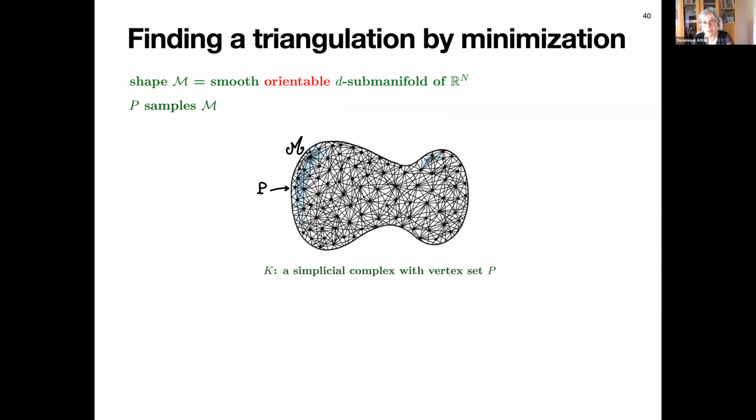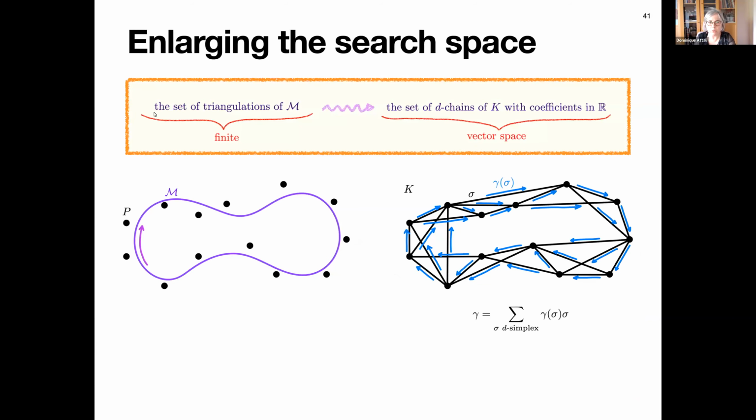We're going to assume, furthermore, that we have a simplicial complex K with vertex set P, that can be interpreted as a rough approximation of M. And we're going to look for a solution inside K. So for this, we are going to enlarge the search space.